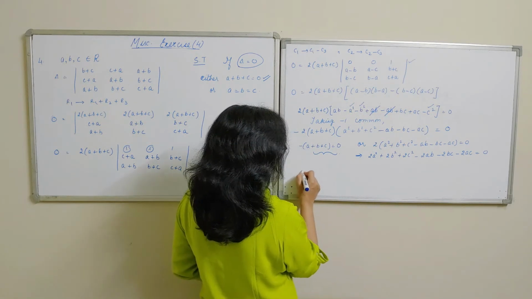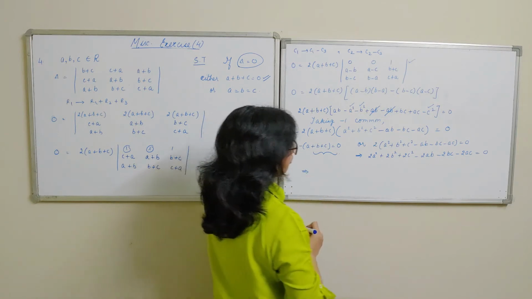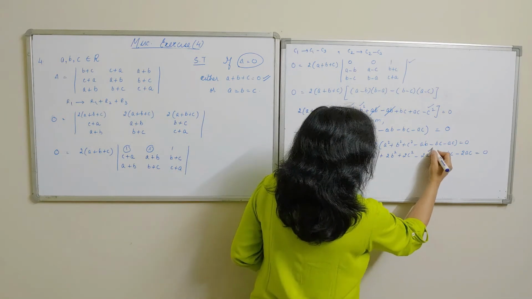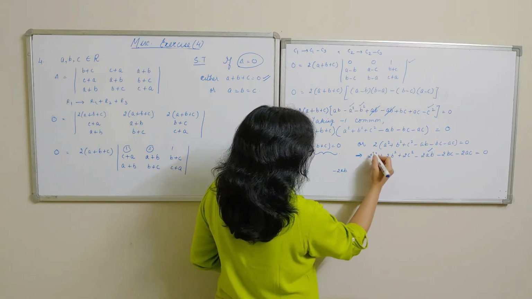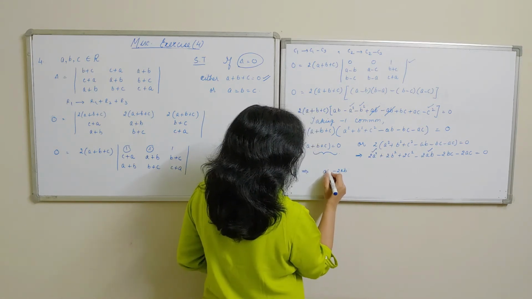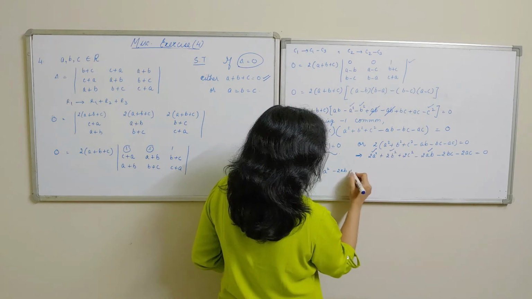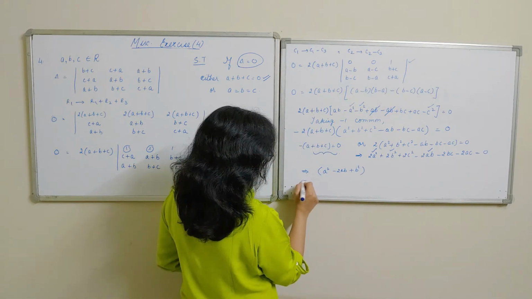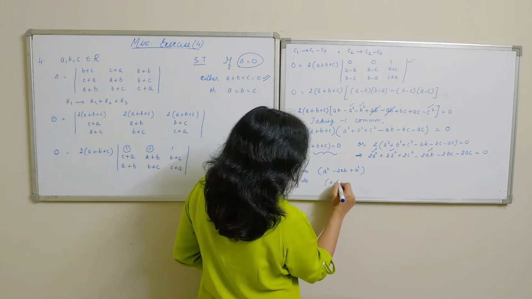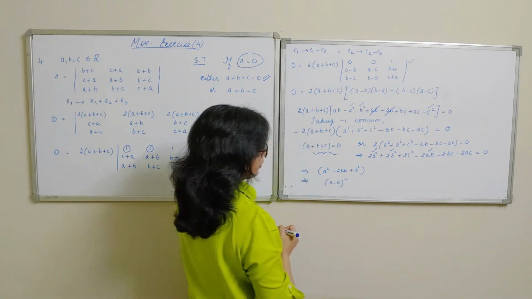How do we rearrange these terms? Let's see. There is a term like minus 2ab. So for minus 2ab, I'll take one a square term from here and one b square term from here, which in the next step can be written as (a minus b) whole square.